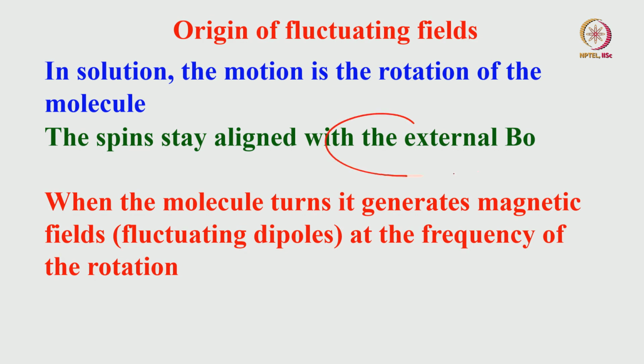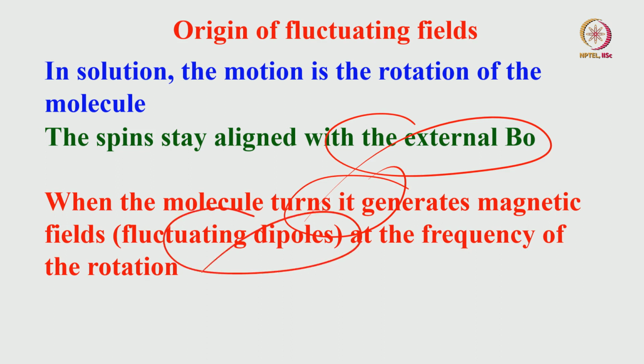So, spins stay aligned with the external magnetic field, but while undergoing tumbling motion, they generate fluctuating magnetic fields.